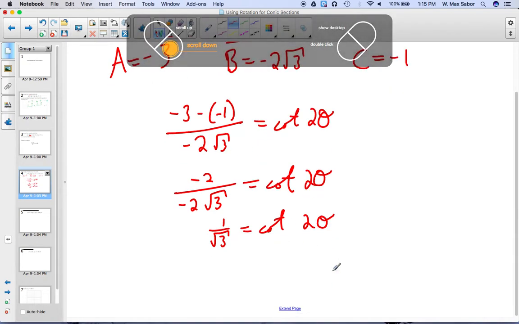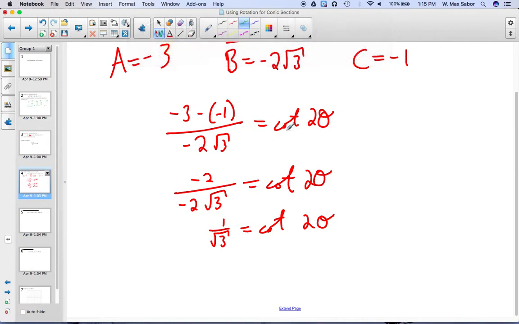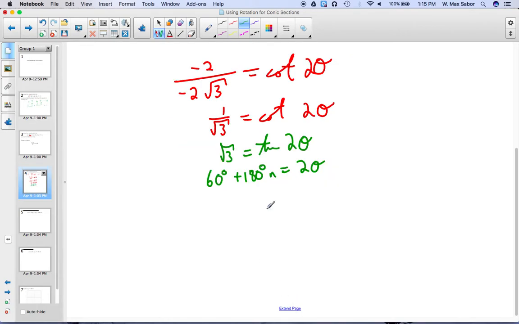If you don't know what that is off the top of your head, you can use the reciprocal identity to say that square root of 3 equals tangent of 2 theta. And therefore we're looking at 60 degrees plus 180n equals 2 theta, which is not to say we should use 60 degrees. We should divide by 2 first: 30 degrees plus 90n.